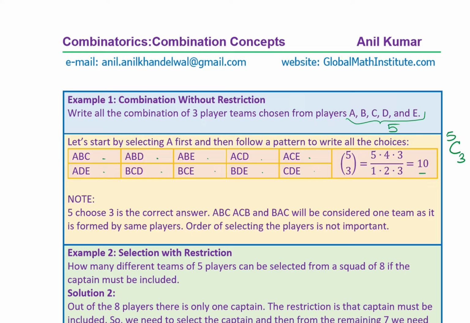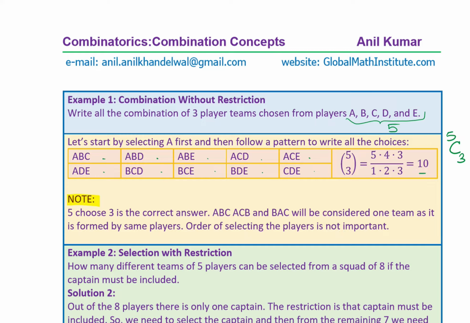Do you see that? Now you note one thing here, which is written explicitly here. That is, 5 choose 3 is the correct answer, right? You know that ABC, ACB, and BAC, writing ABC in different ways, will be considered as one team only, right? So in this particular case, we have not added cases like ACB and BAC, we have only written ABC, since they are the same team. So that is important to understand. The order of selecting the team is not important.